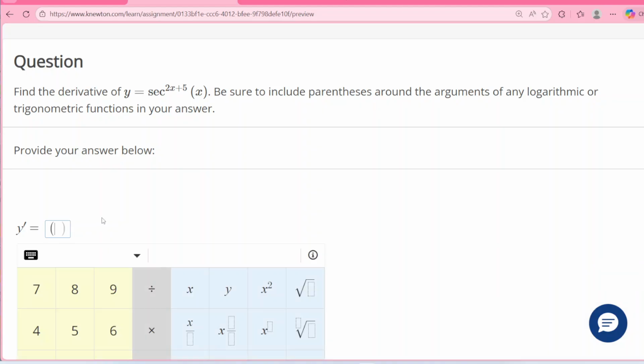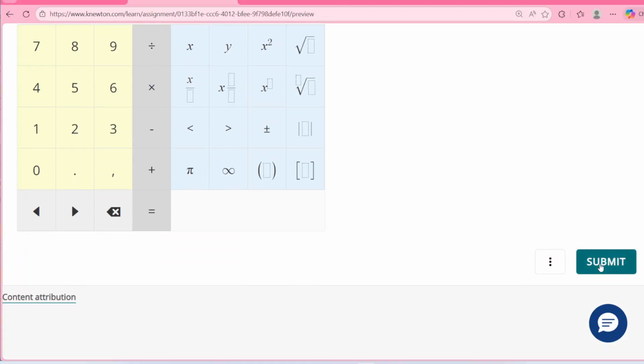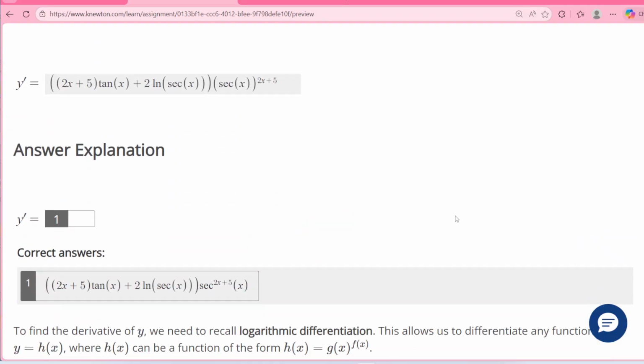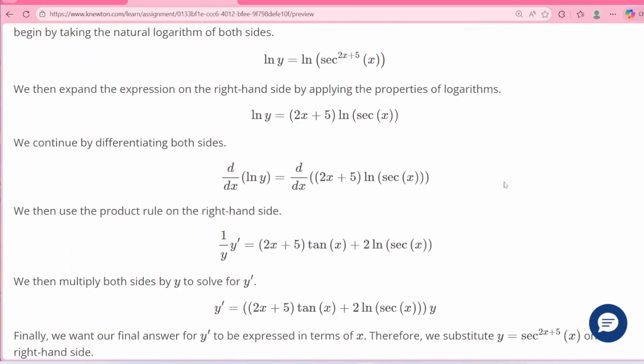So in parentheses, again, this quantity 2x plus 5 times the tangent of x plus 2 times the natural log of the secant of x, all that times y, but y was the secant of x raised to the 2x plus 5 power. A lot of typing there, but that's it. Now again, they usually put the power next to the name of the trig function. I just wrote it the other way. It's fine. Means the same thing.